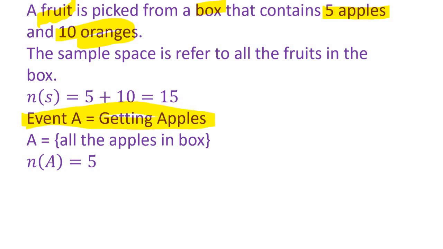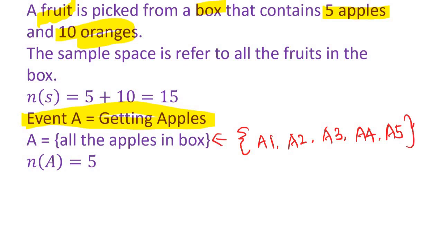Okay, so means the sample space will be all the apple in the box. So I can write the sample space like apple number 1, apple 2, apple 3, apple 4, apple 5. Okay, must until 5 apple only.